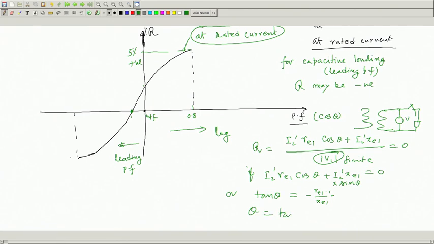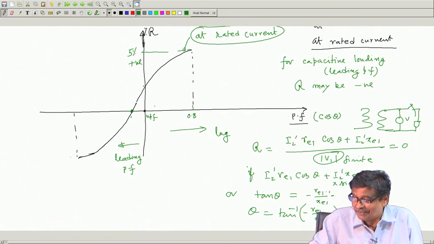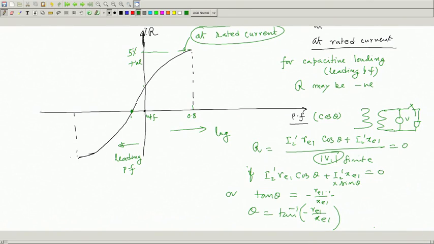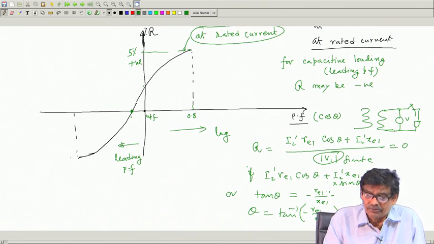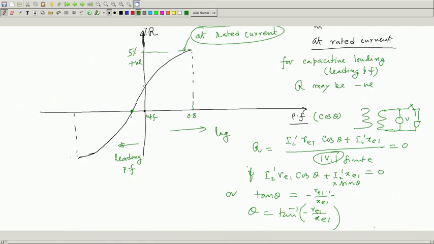If you choose tan inverse of minus Re1 by Xe1, regulation may become 0. Anyway, it is only a statement, because unfortunately I cannot operate a transformer under this condition, as load is always lagging type. This is a point worth noting, that regulation may be negative sometimes.